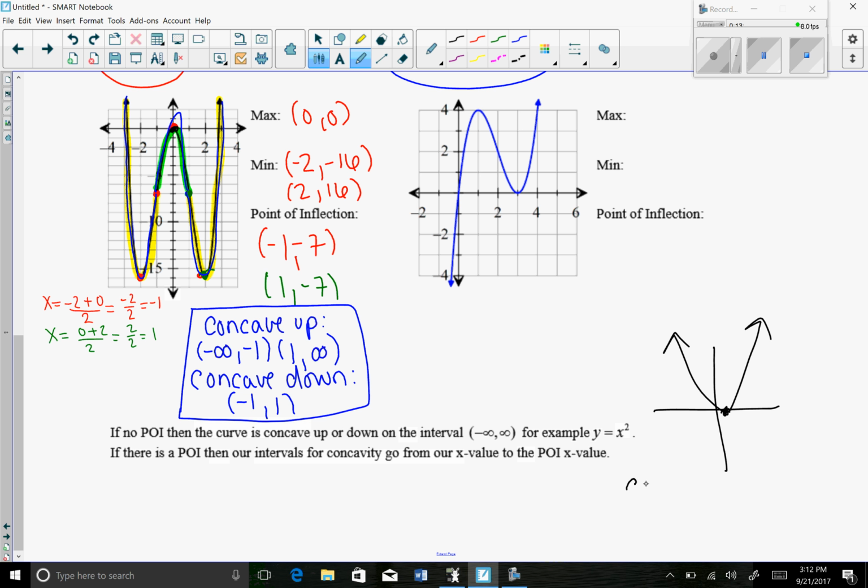So we would say this is concave upwards from -infinity to infinity.